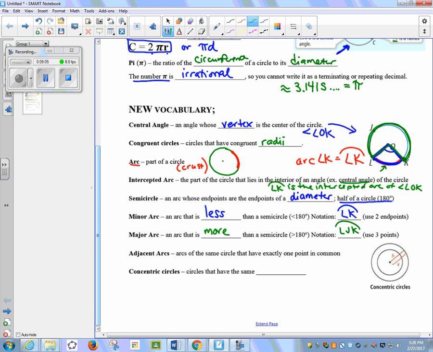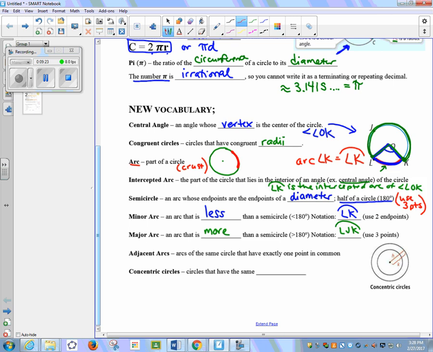So whenever you see an arc named with 3 points, that's going to be a major arc or a semicircle, actually. Let's just make that notation here: use 3 points for the semicircle also.